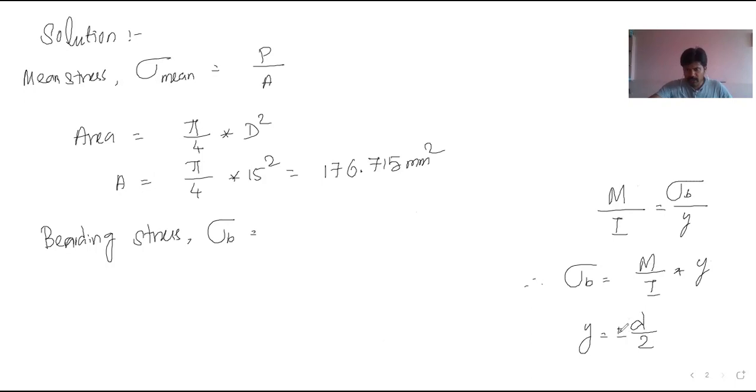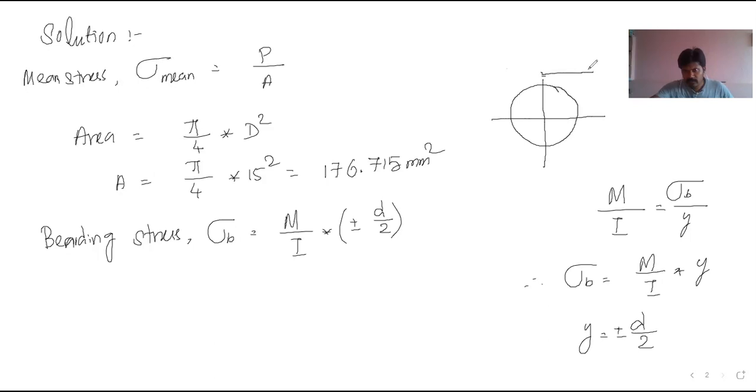Based on the condition, it is going to be plus or minus. Therefore, sigma B is equal to M by I into plus or minus d by 2, since the section is a circular diameter shaft. So y is nothing but d by 2. Here we can use capital D instead of small d.